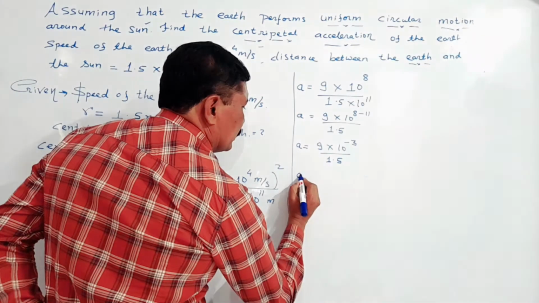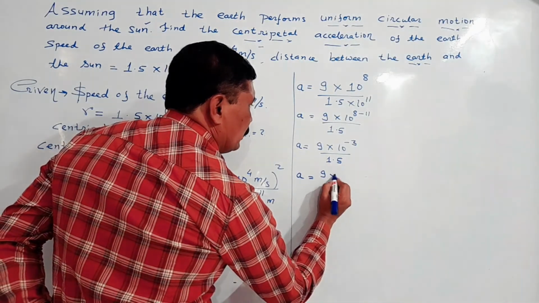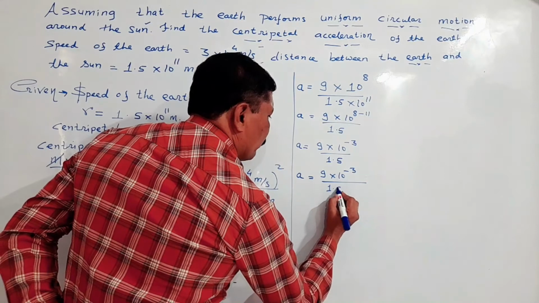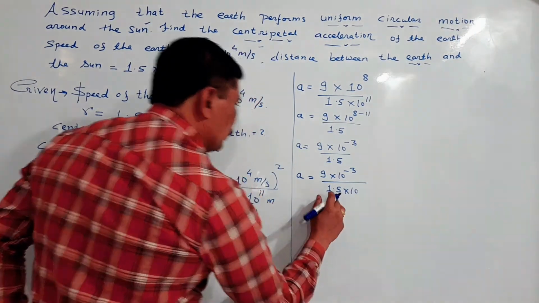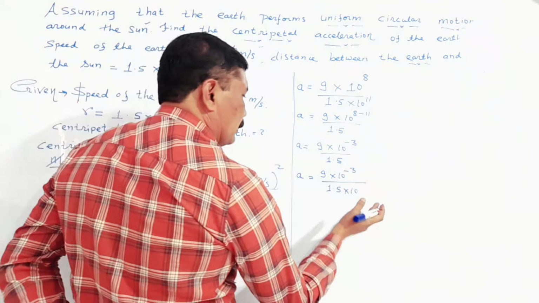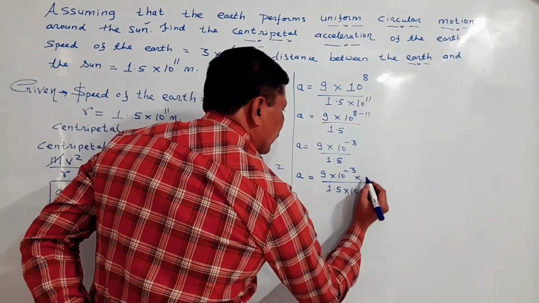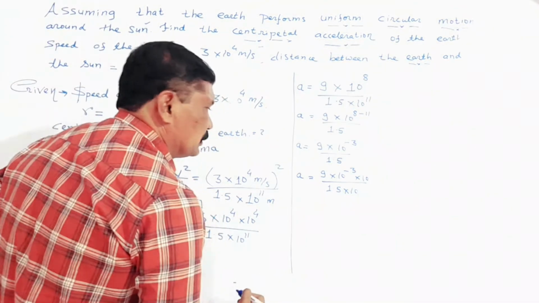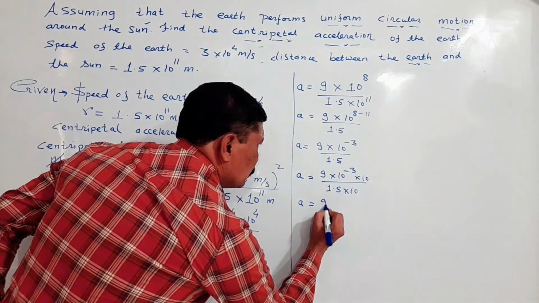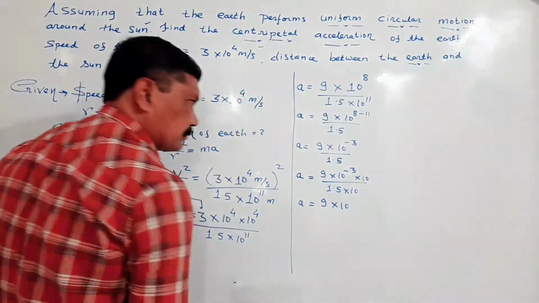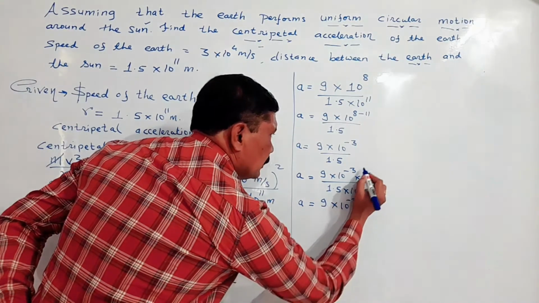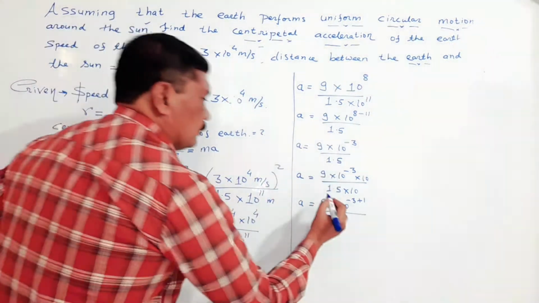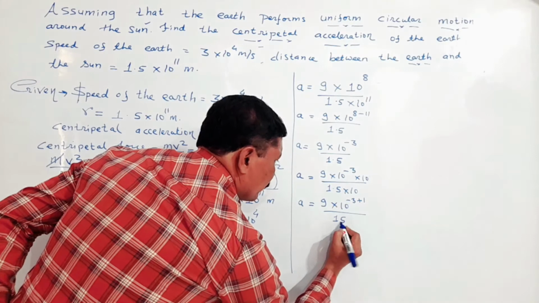So my dear student, here a is equal to 9 into 10 to the power minus 3 upon 1.5 into 10. In order to remove the decimal point, we have multiplied by 10 in the denominator, so we also have to multiply it by 10 in the numerator as well. So a is equal to 9 into 10 to the power minus 3 plus 1 upon 1.5 into 10, so the point is removed and it will become 15.